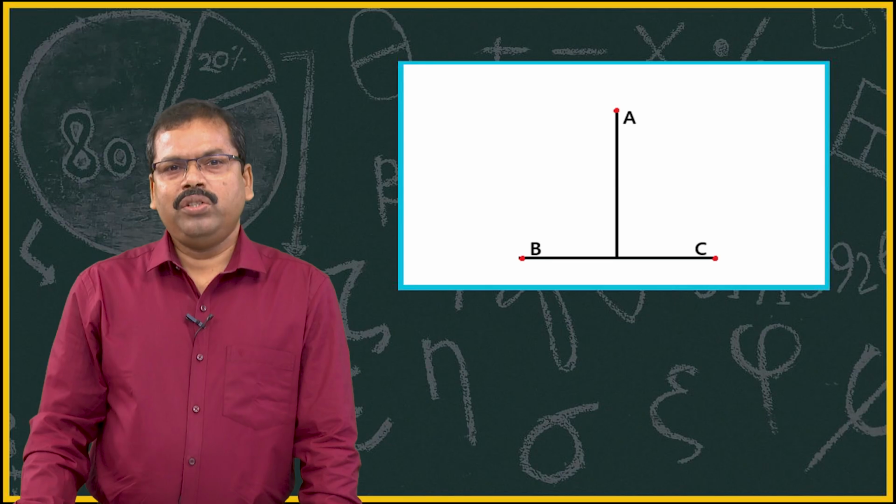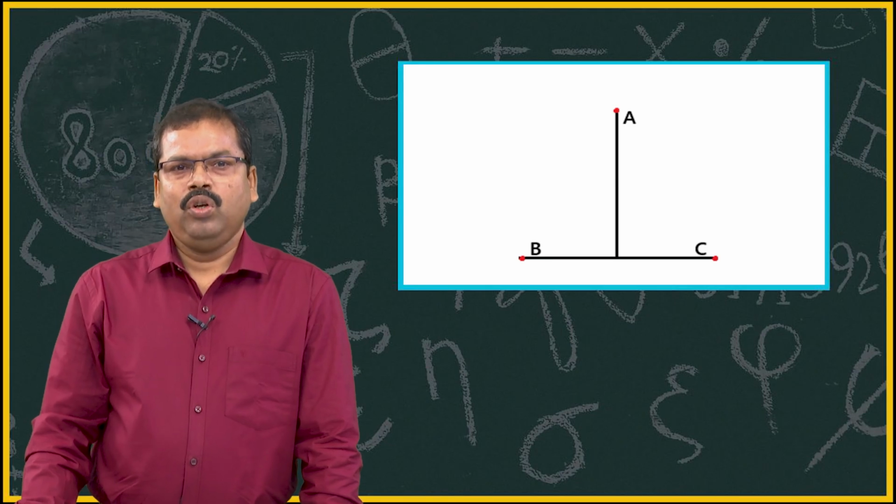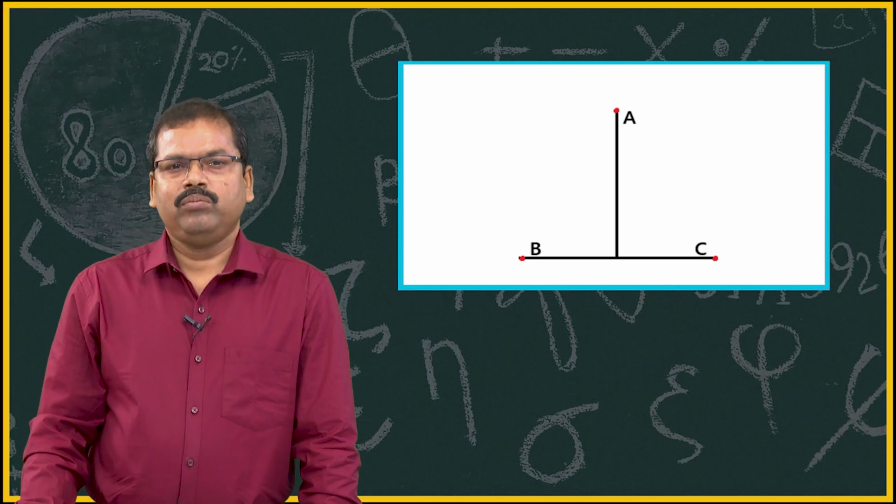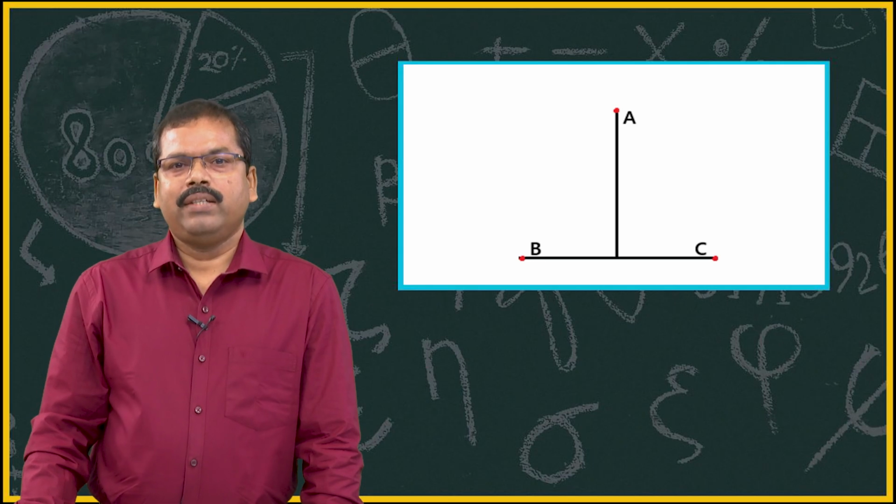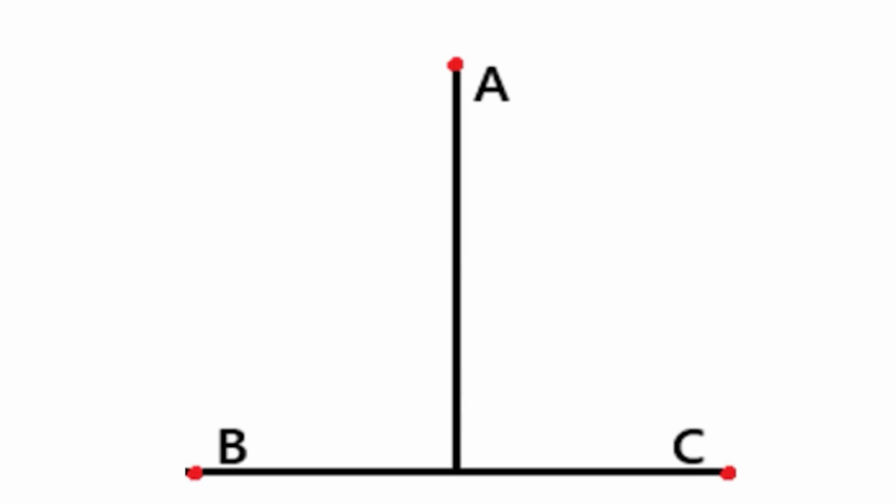But the distance of a line or line segment from a point is the perpendicular distance from the point to the line or the line segment. Here, students, we have taken one point A and BC is one line segment, and the distance between BC and the point A is this vertical line segment, which is the distance between a point and the line segment.